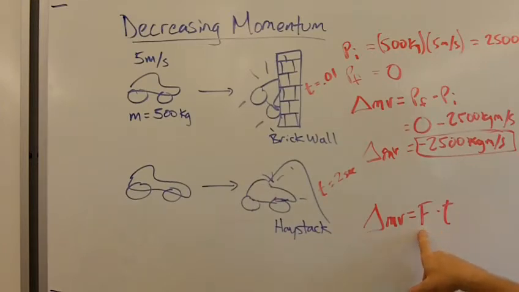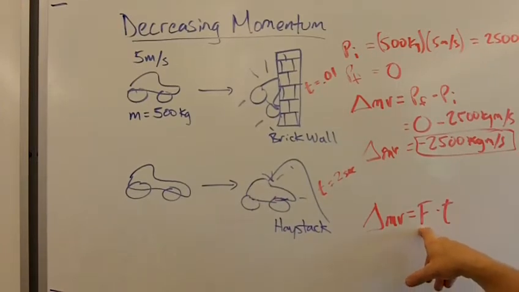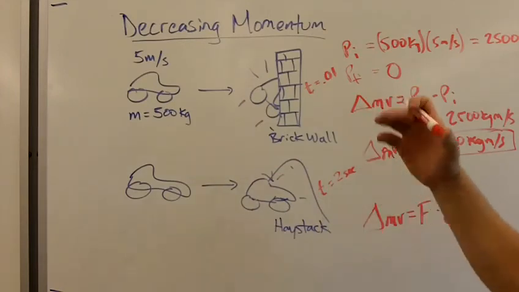And you know just from your own experience, if you were driving in a car and you were going to crash into something and you had a choice of a brick wall and a haystack, you'd probably steer toward the haystack because you're going to have less force exerted on you by the haystack than by the brick wall.